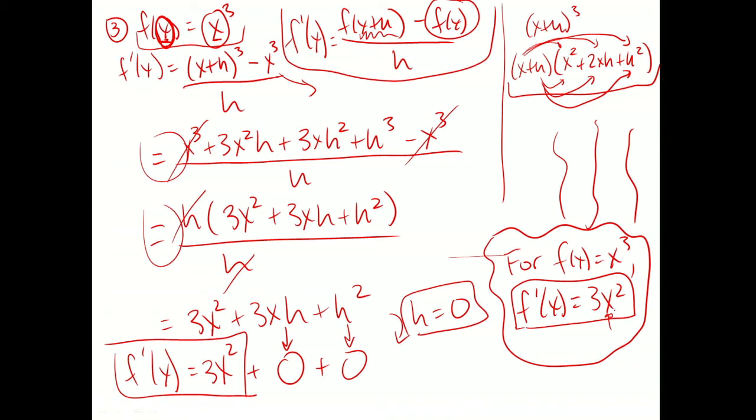But I will insist that you do at least one this way on the first exam and probably on the final exam too, just because this is the beautiful part. The rest of it's just, you're a robot and you're going to do derivatives, and that's fine. But this is where it all comes from. So we do have to be able to do it this way. But yes, in practice, there is a much faster way. But that's what will be in the next video.